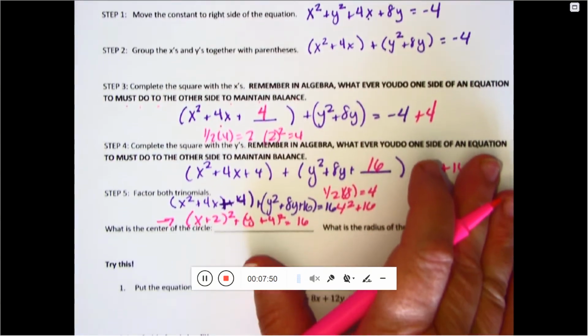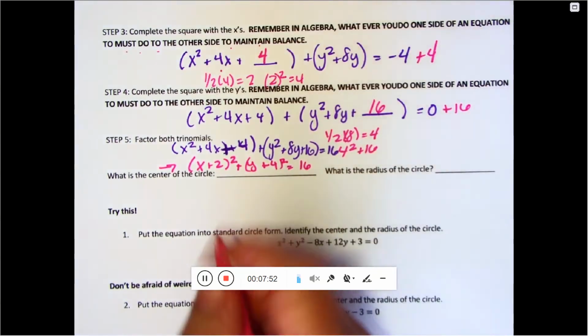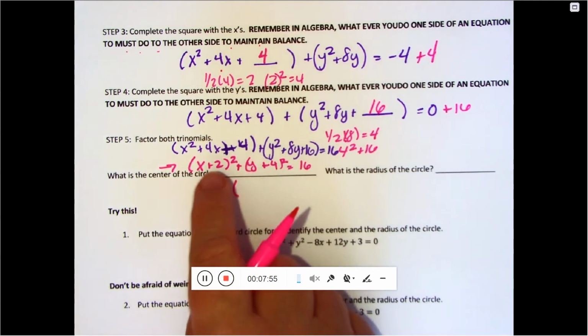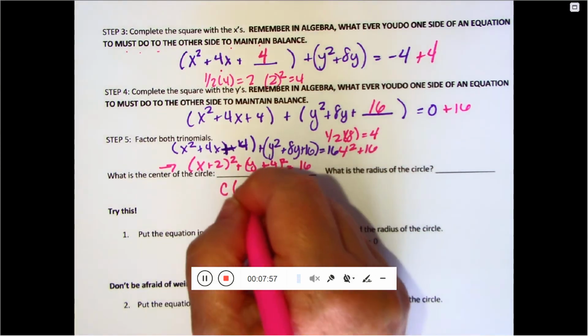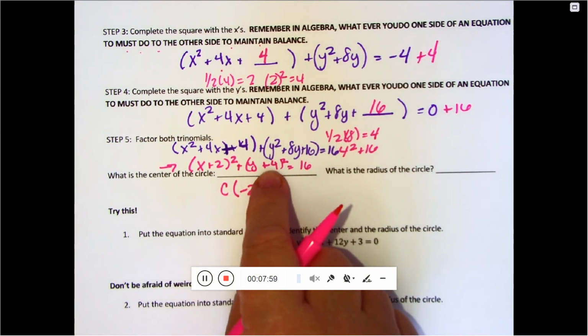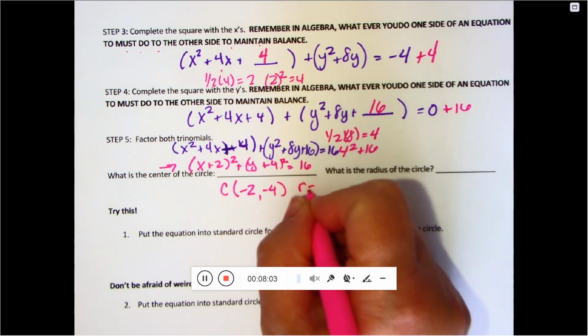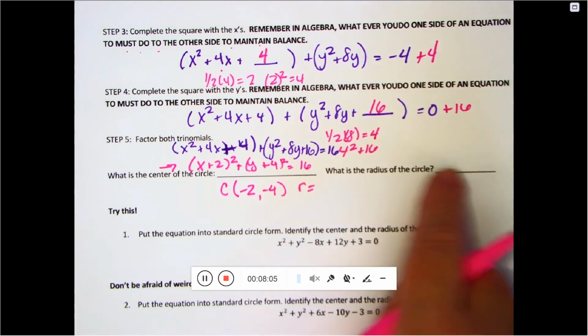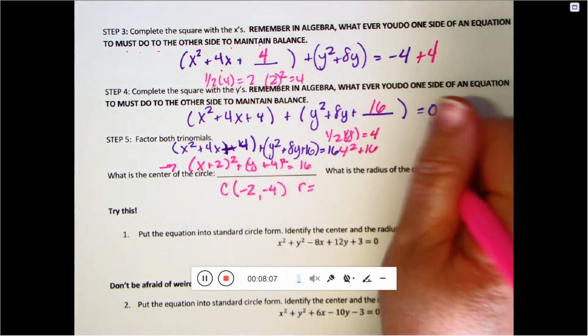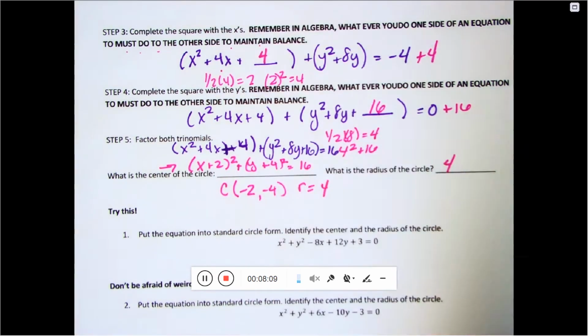So once it's in that form, I can identify the center. The center of this circle, you take half of that number, it's negative 2. You take half of that number, it's negative 4. And to get the radius, which I should put over here, you square root that, which is 4. So your radius is 4.